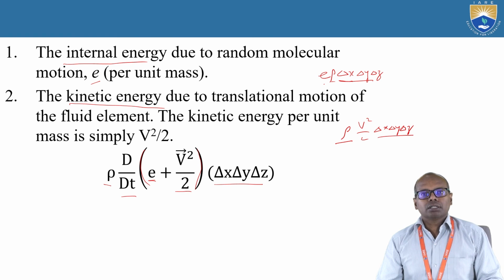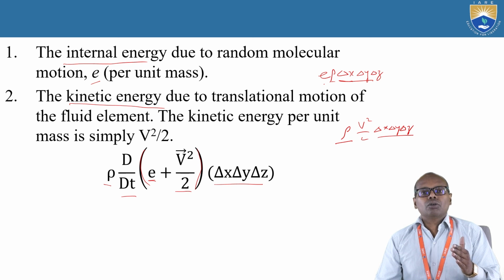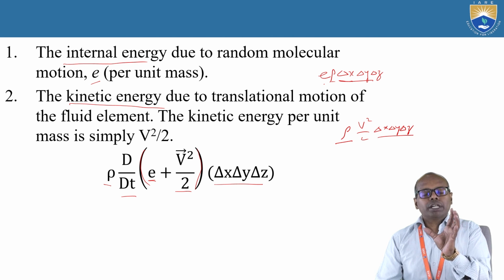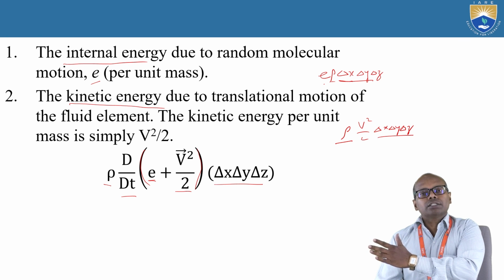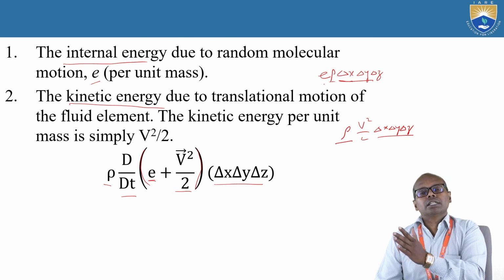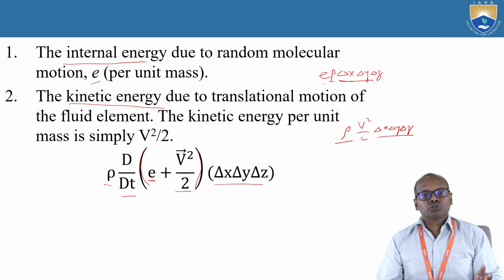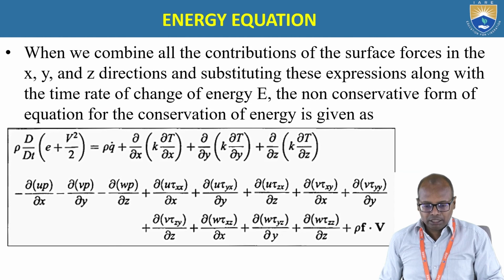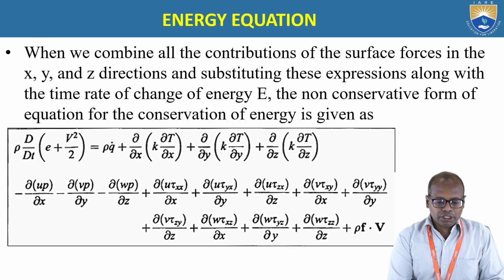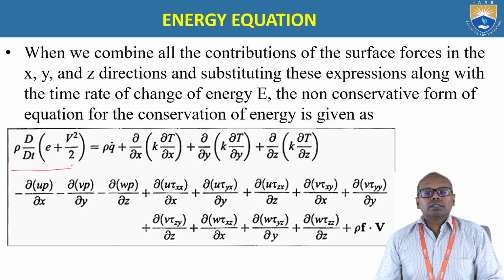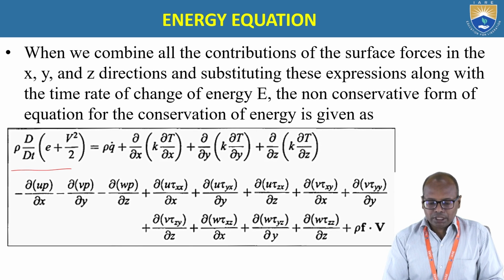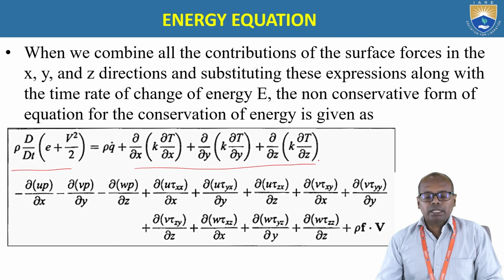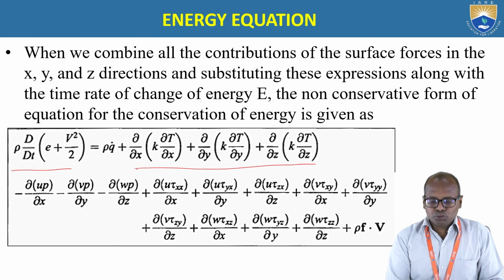What we have seen till now is that the time rate of change of energy of the element is equal to the net heat transferred into the element plus the net work done on the element. So if I add up all these things, I will get this equation. This is the time rate of change of energy of the element, and this is the net heat transferred due to conduction.